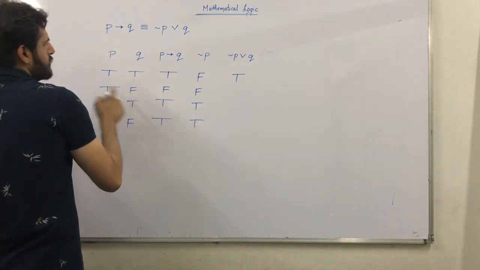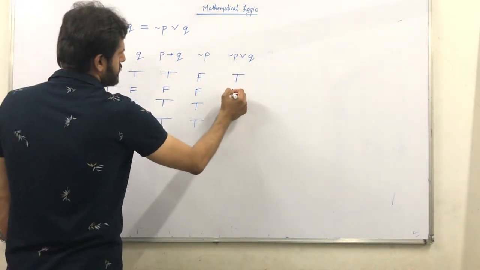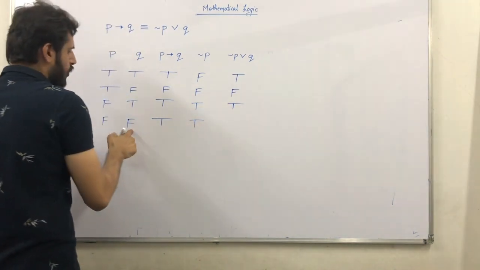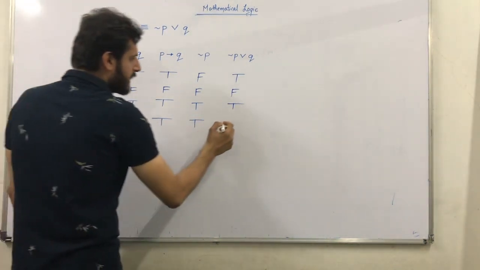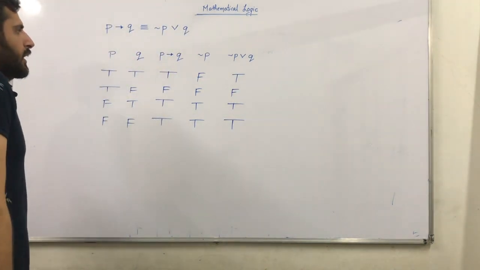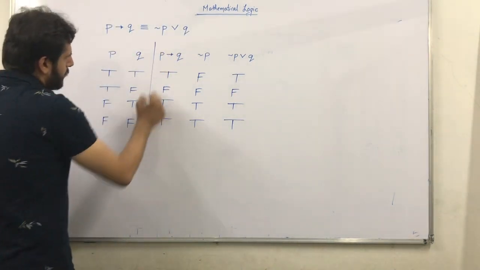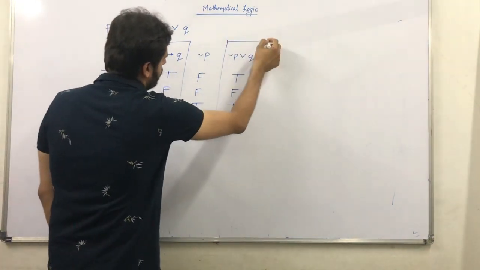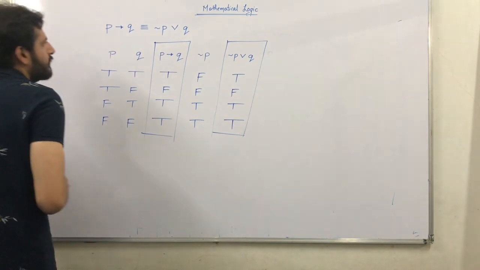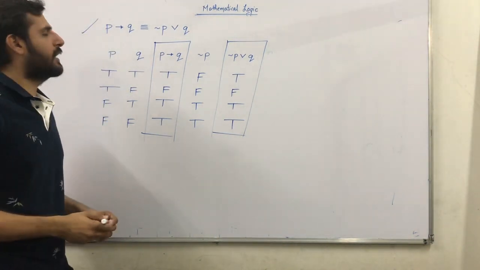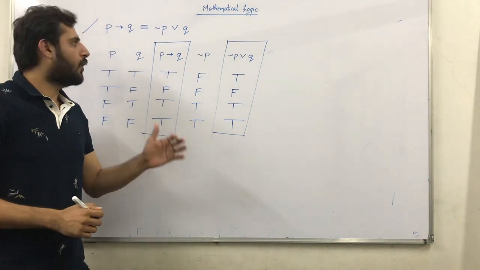False or false, giving you false. True, true is true. True or false is again true. Okay, so looking at column number 3 and column number 5, we have proved that P implies Q is logically equivalent to negation P or Q.